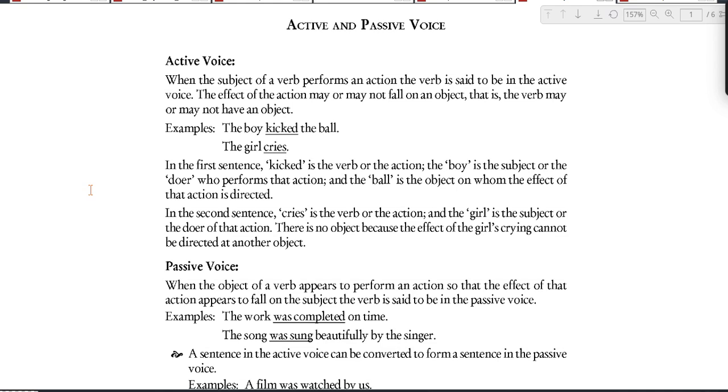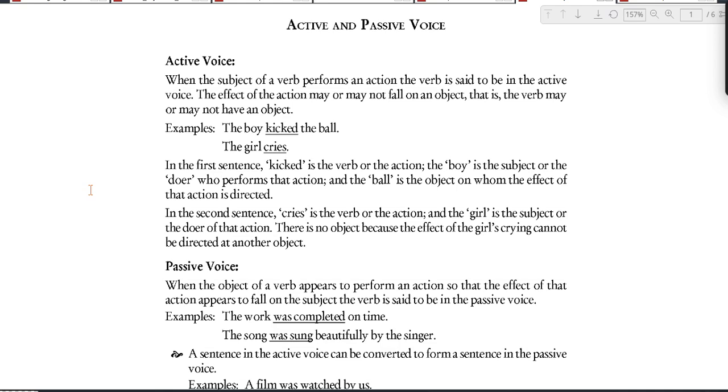In the second sentence, cries is the verb or the action, and the girl is the subject or the doer of that action. There is no object because the effect of the girl's crying cannot be directed at another object. You can kick the ball, the tree, a dog, anywhere, but you cannot cry on any ball or any object.